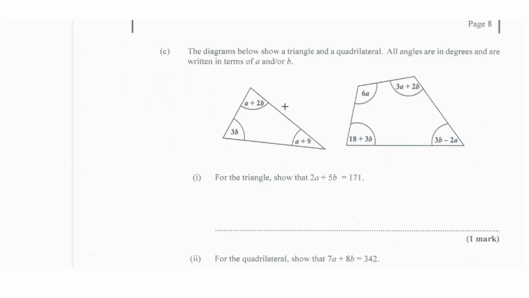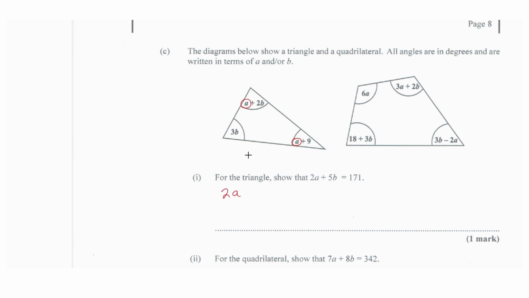The diagrams below show a triangle and a quadrilateral as shown here. All the angles are in degrees and are written in terms of A and or B. Part 1. For the triangle, show that 2A plus 5B equals 171. So we know that the angles in a triangle add up to 180 degrees. So let's add up these values in here. We have A add A, so that would be 2A.